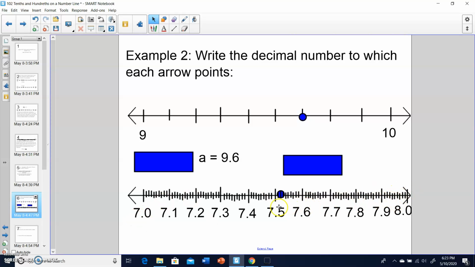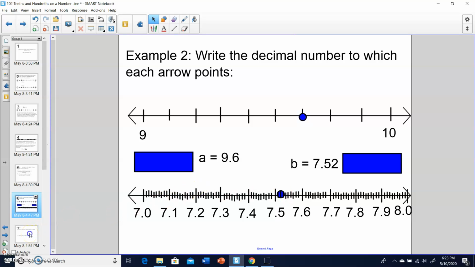So this one's hundredths. So I'm at 7.5 right here. So 5 tenths, 50 hundredths, 51, 52. Okay, so 7 and 52 hundredths, since I'm counting by hundredths on this line.